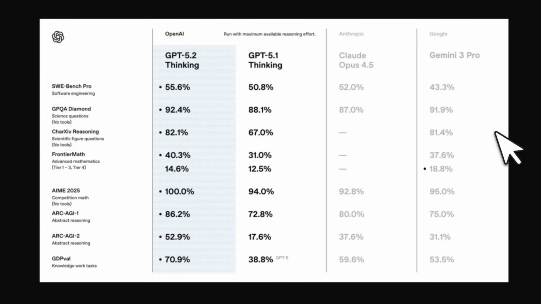But the most interesting thing is that even though this new GPT 5.2 is beating all the other frontier models by quite a margin, they still went with a minor version upgrade instead of calling it something like GPT 5.5. So this kind of shows you that OpenAI might have a lot more in store for us.